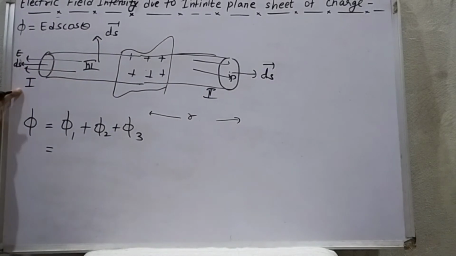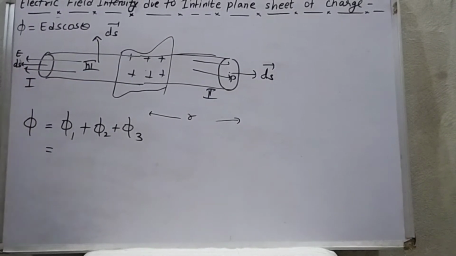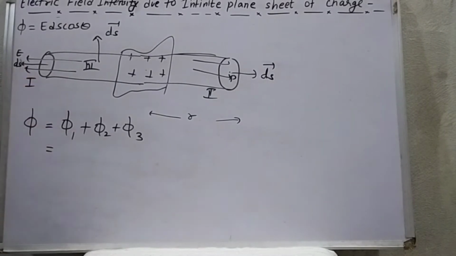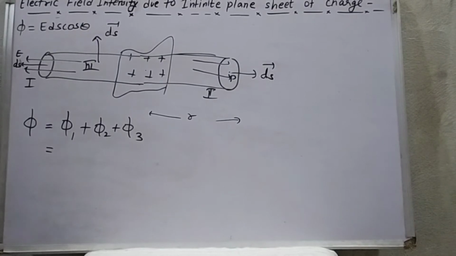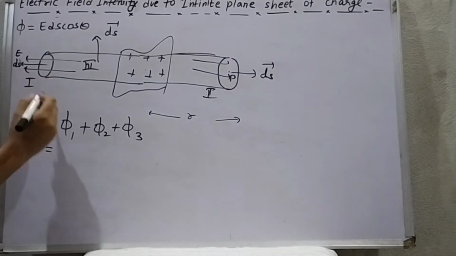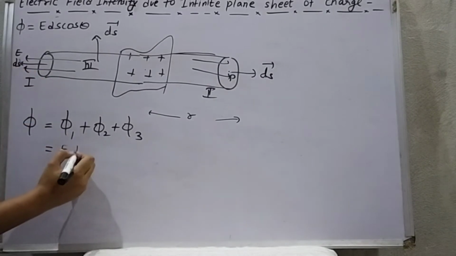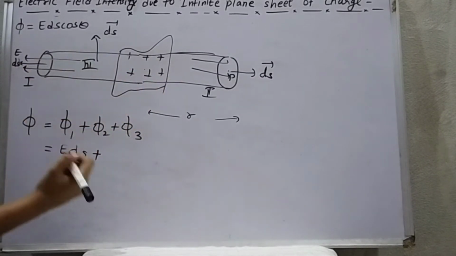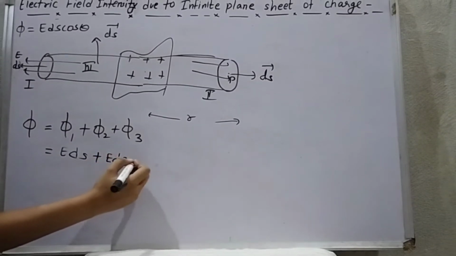If you apply this formula here, E and ds are in the same line, both are parallel. If they are parallel, then the angle between them will be 0 degree. So here cos 0 is equal to 1. So the flux at this point will be E ds. Same at the second point, E ds.